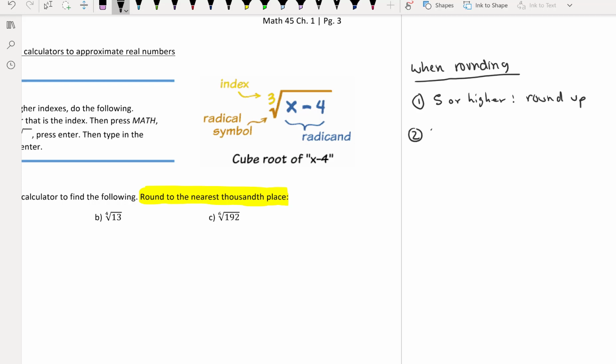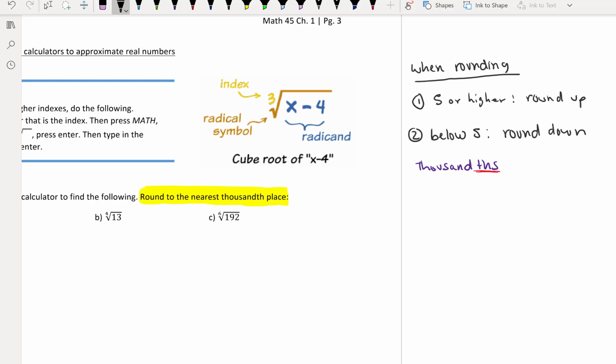If you have below 5, then you're going to round down. And if you're not really sure about this thousandths place, that THS tells you that it's behind the decimal.